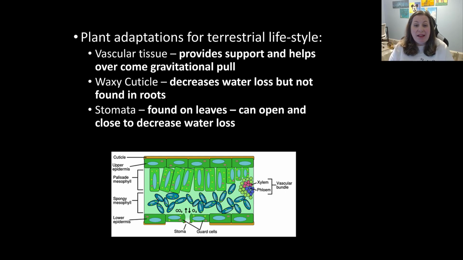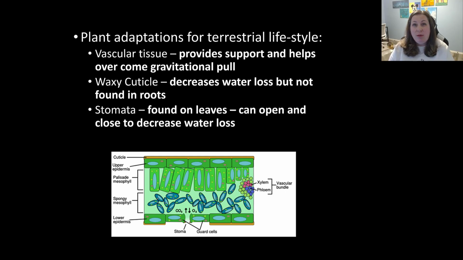We also see that in the structure of the leaf, there are these little holes called stomata. Stomata are found on the underside of the leaves, and they can open and close in order to decrease water loss. So if it's a really hot day, the plants can close these off and they won't lose water through their leaves.